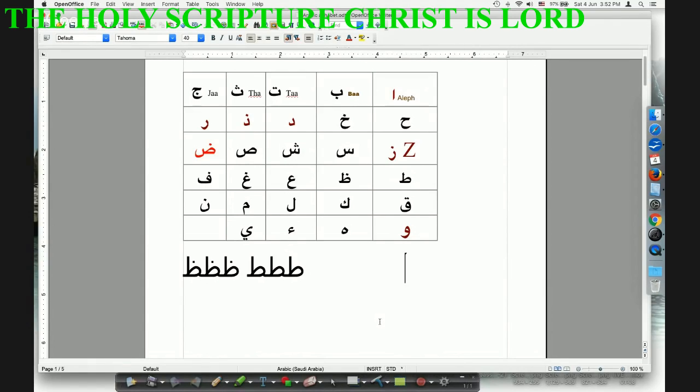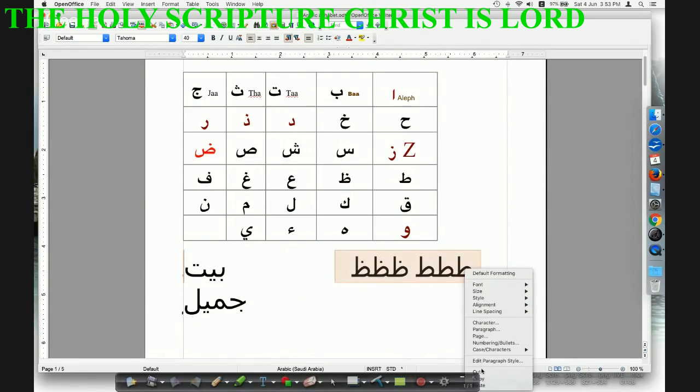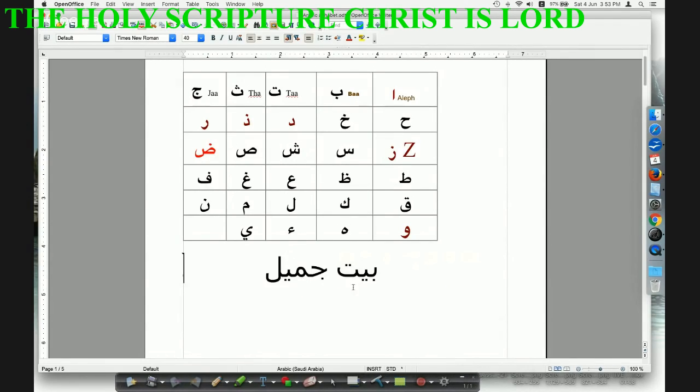So if I write right now beautiful house in Arabic, I have to write the word Bayt first, which means house, and then Jamil. Jamil means beautiful. Baytun Jamil. So the word house comes first, the word Jamil comes second.